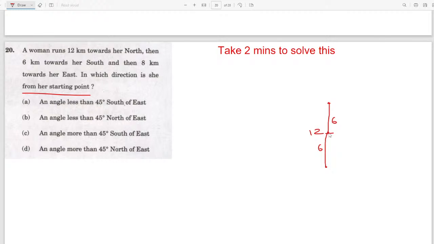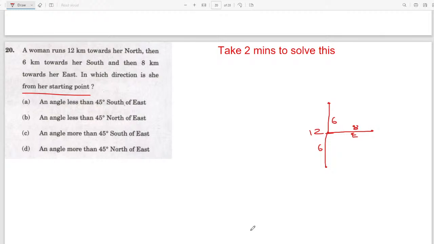From here, the east direction will be here. This is 8 kilometers. See, they are not saying left or right. They are saying north, south. So these directions would be the same. It cannot be her east or her west.